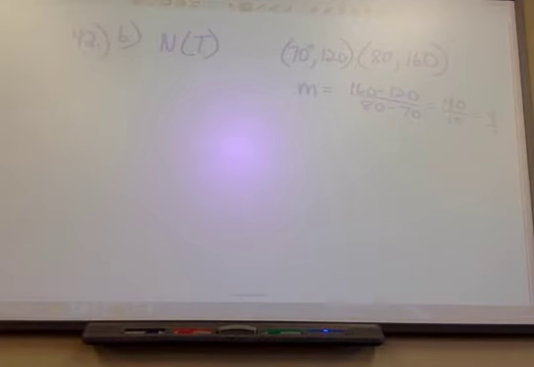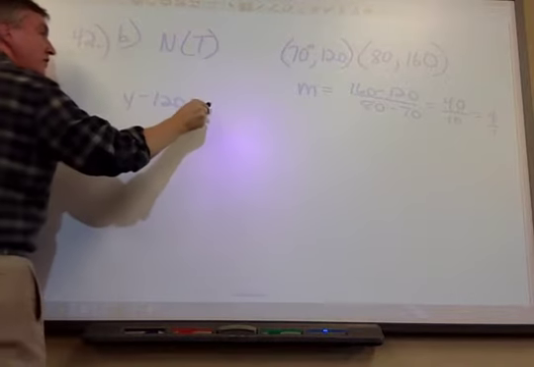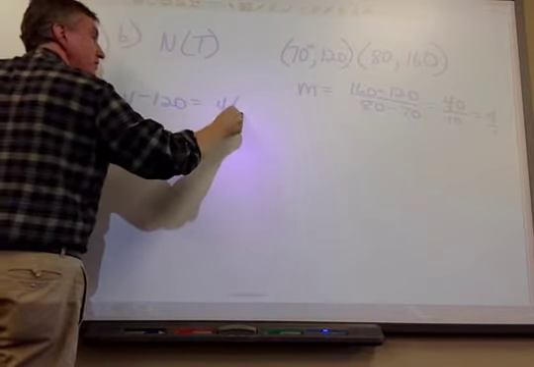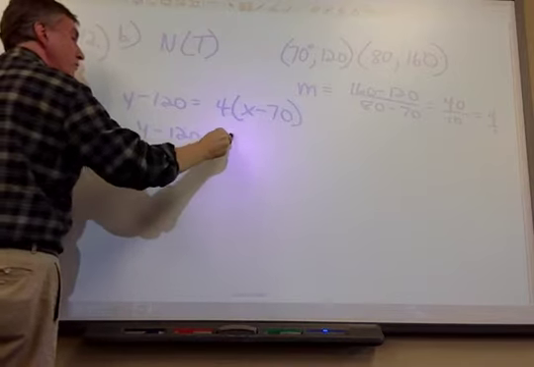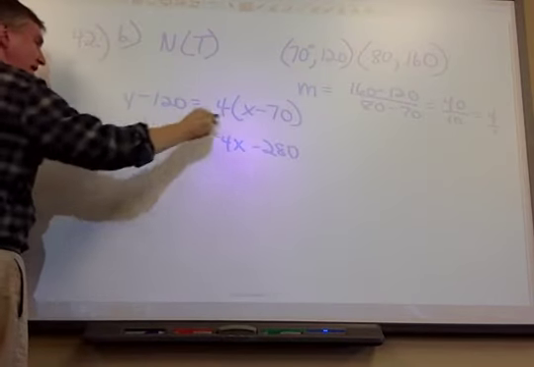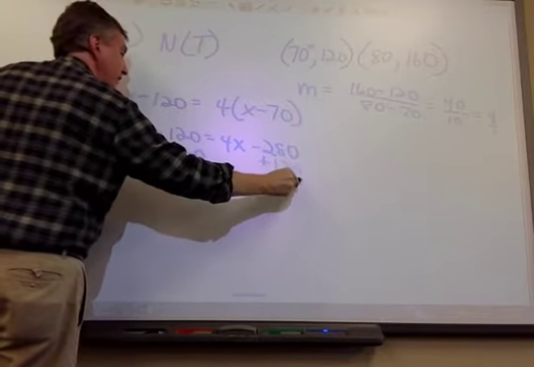And then if I wrote the equation, y minus y1 equals the slope times x minus x1. If I add 120, what do you say?